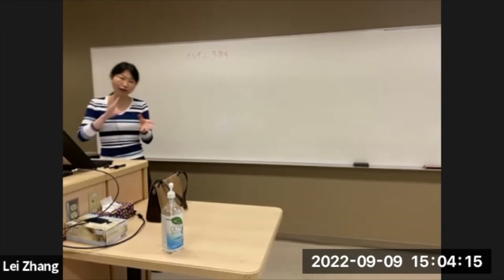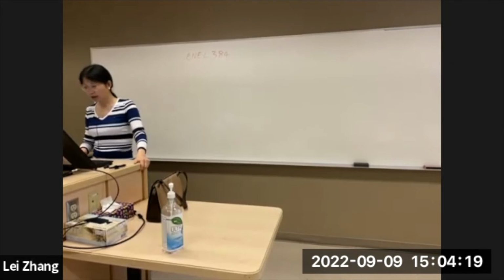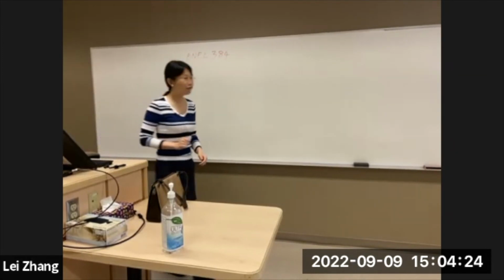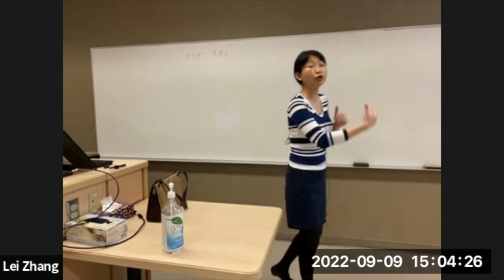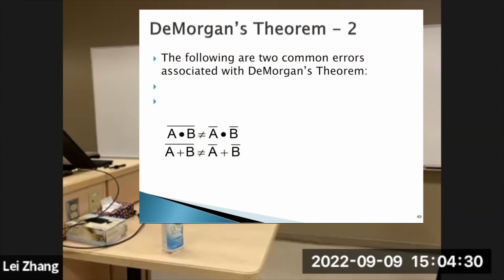And we call this DeMorgan's theorem. These two types of conversion between different types of gates, we call DeMorgan's theorem. It should be very simple once we learn the rules about this conversion.